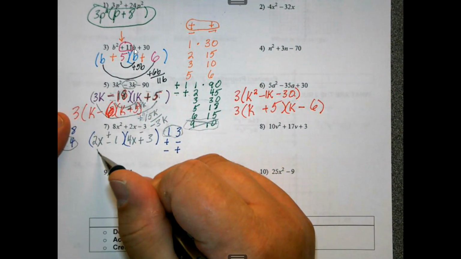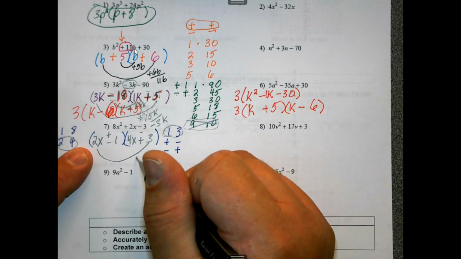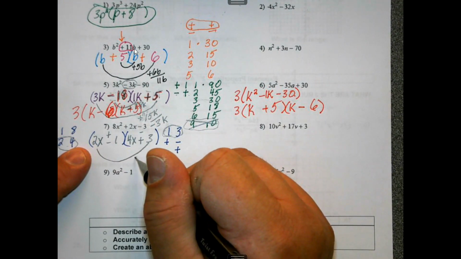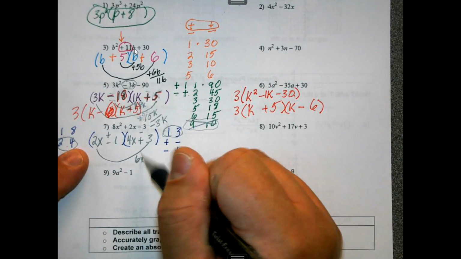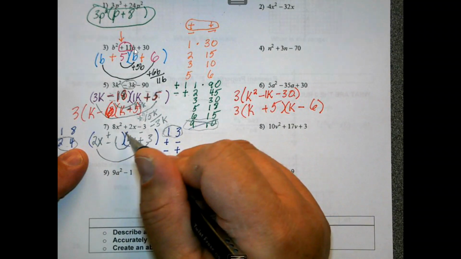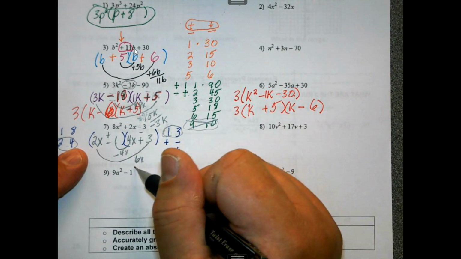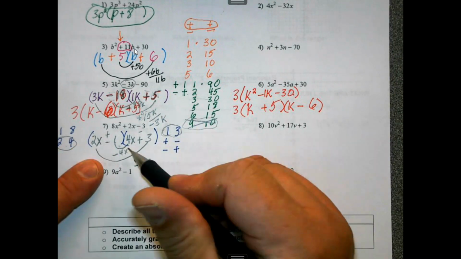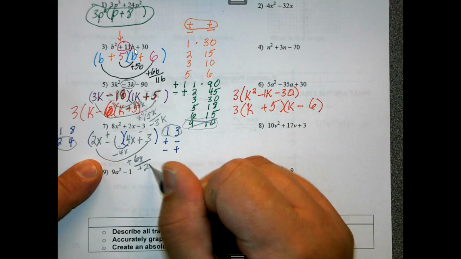Okay, outer: 2x times a positive 3 is 6x. I'm using a minus here and a plus there. Inner: negative 1 times 4x is negative 4x. And when I combine these terms, I get a positive 2x, which is what I want.